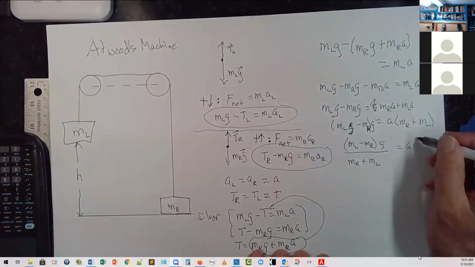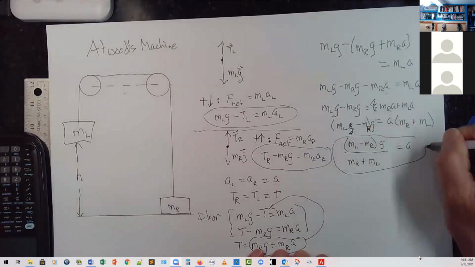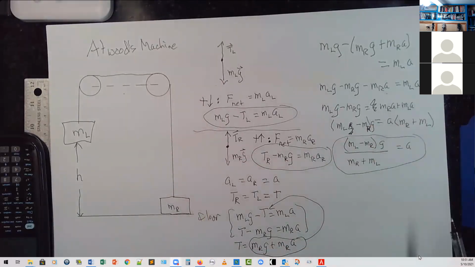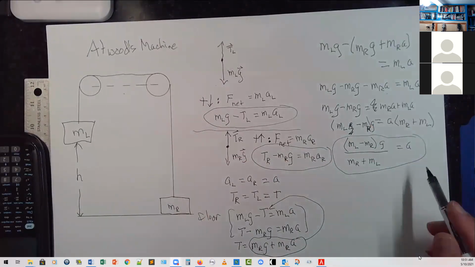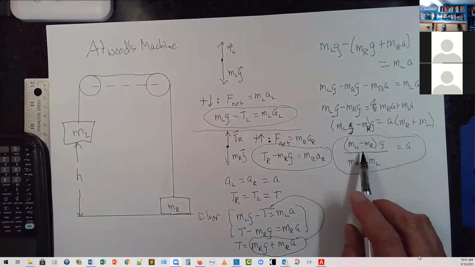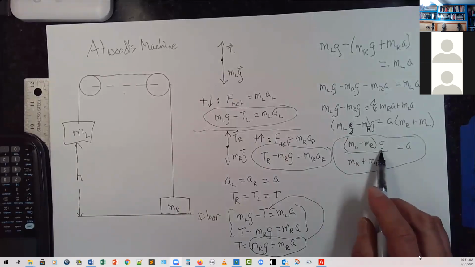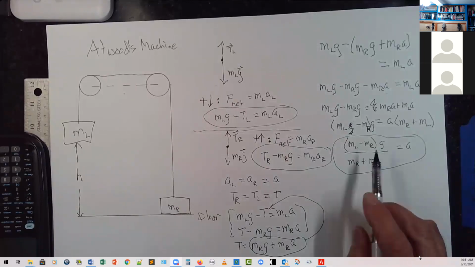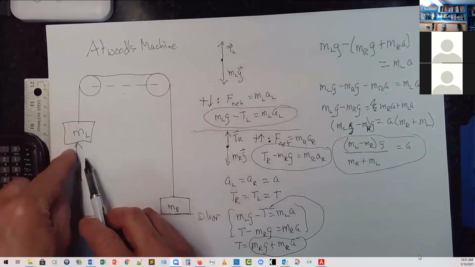Now this expression may look kind of scary and complicated, but let me tell you about it. This expression on top, if I'd left it as m sub L G minus m sub R G, represents the difference in weights. And m sub L is the part that descends.